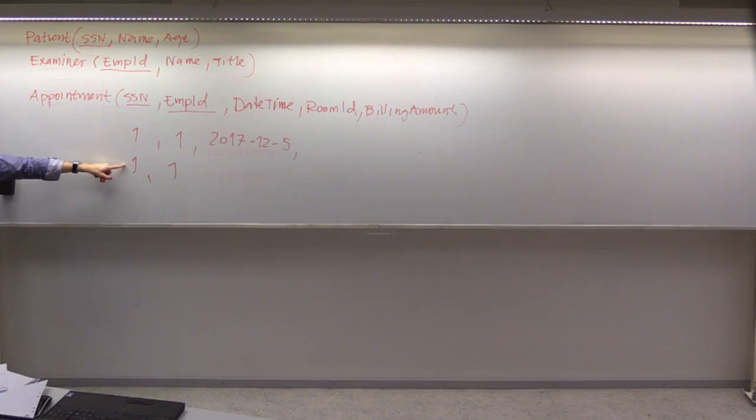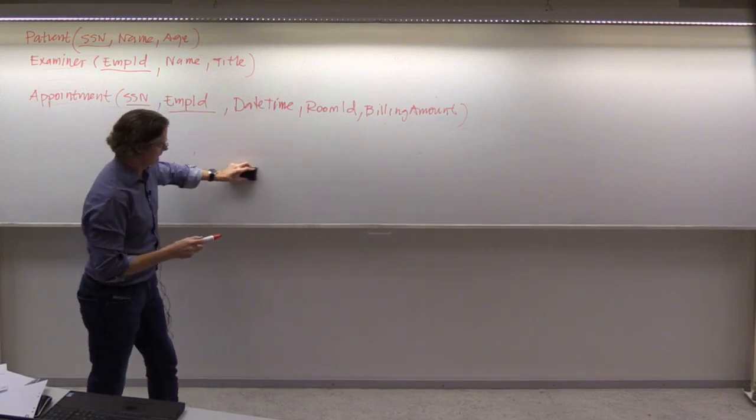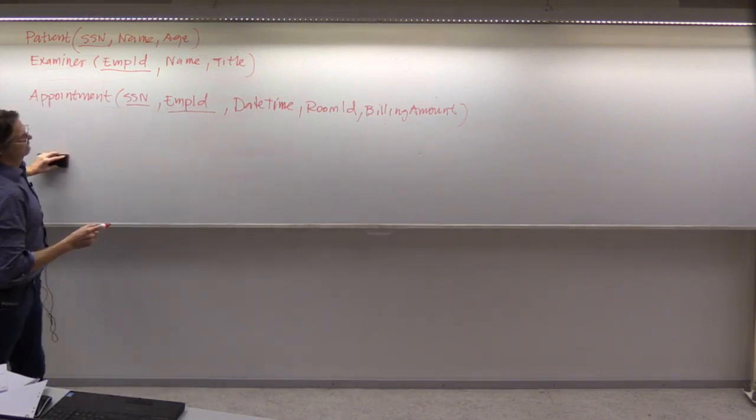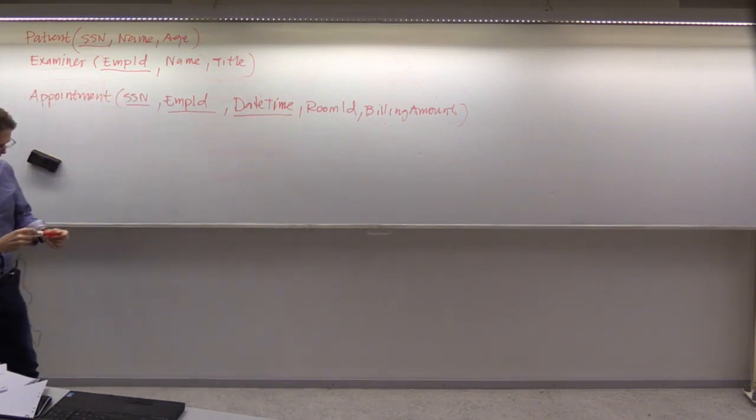So we don't have a valid primary key here. So we are actually not following the first normal form, which was having a good primary key. So what happens if we add that to the primary key?